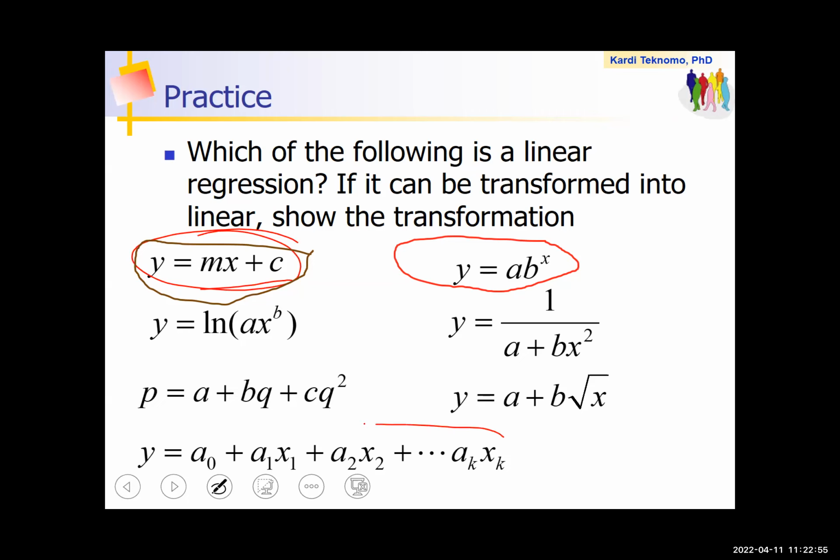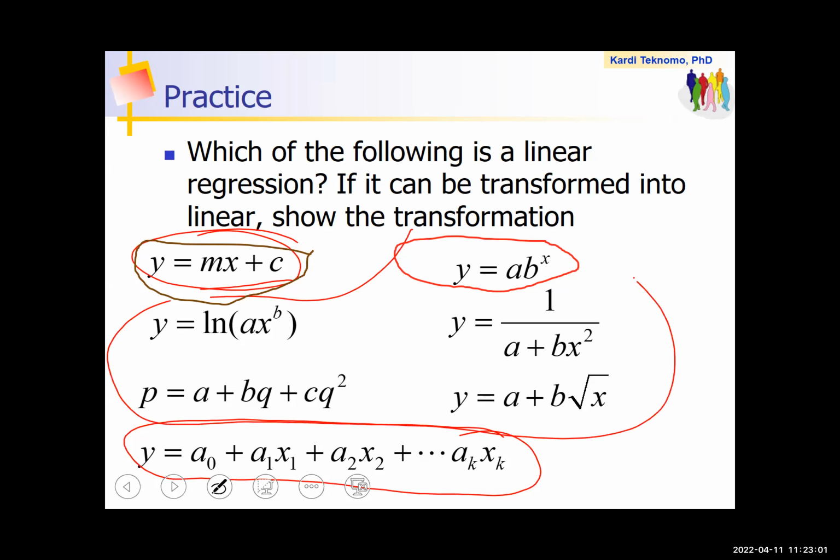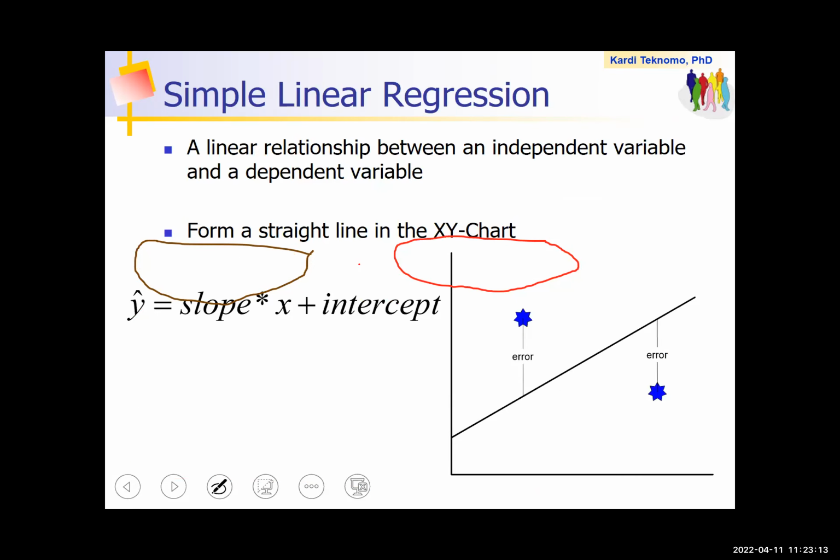This one is called multiple linear regression. And these others are called non-linear transformation into linear. So let's start with linear regression first.